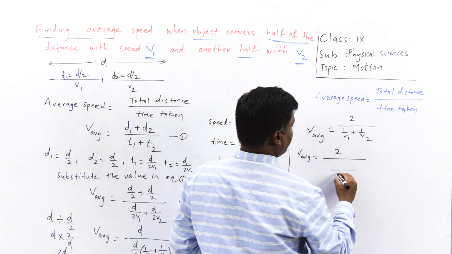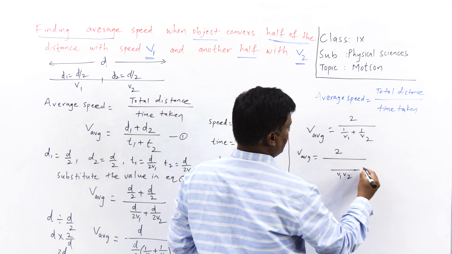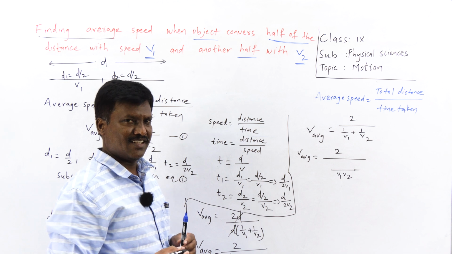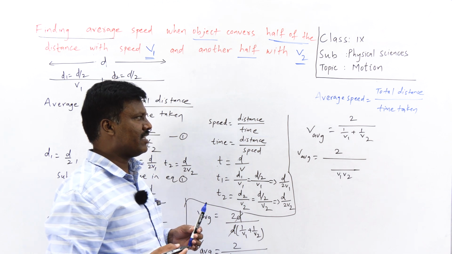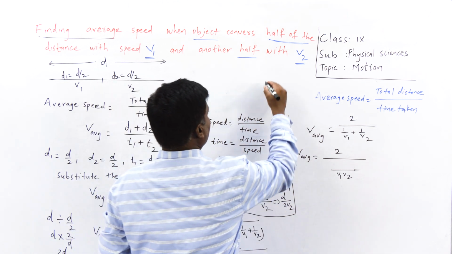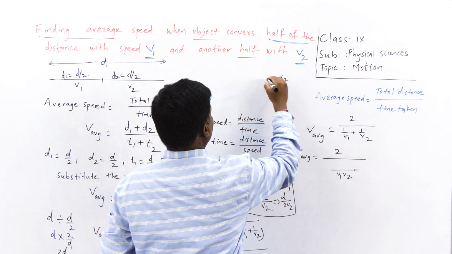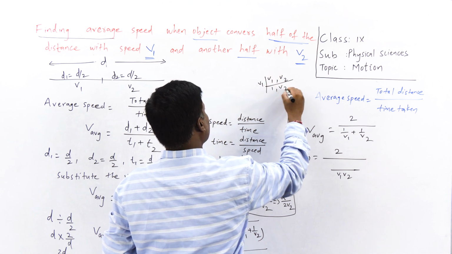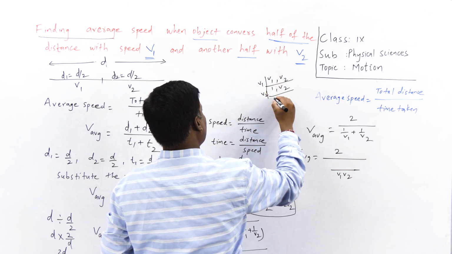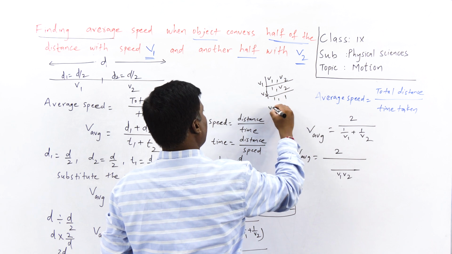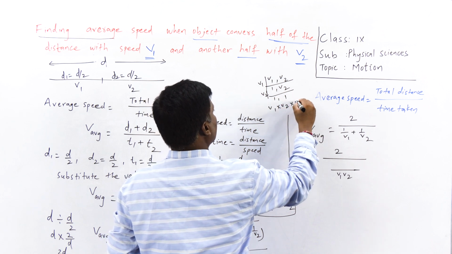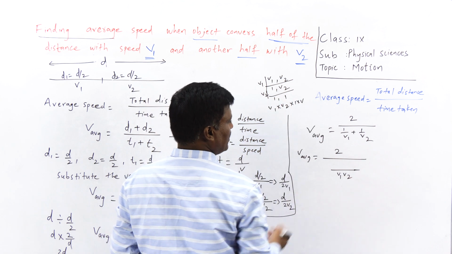What is the LCM of v1, v2? v1 v2 is the LCM. How can we find the LCM of letters? LCM of numbers is possible, but how can we find it for letters? See, if you take v1 and v2, v1 into 1, v2 is nothing. And if you take v2, v2 into 1. So finally v1 into v2 into 1 into 1, we get v1 v2. This is the LCM part.